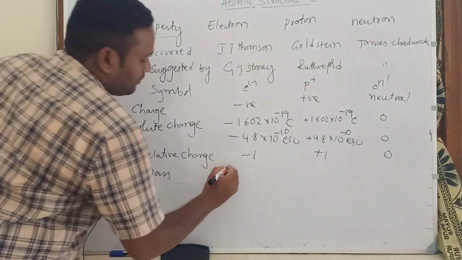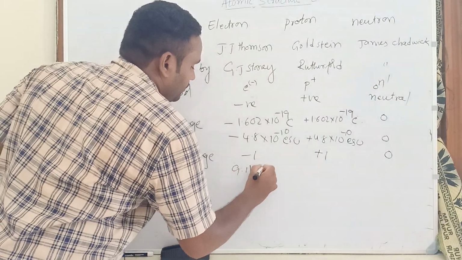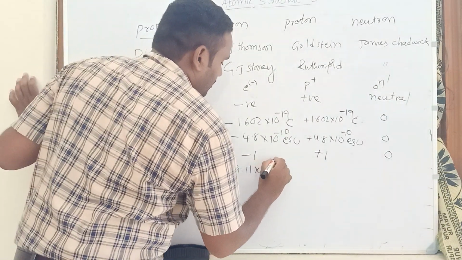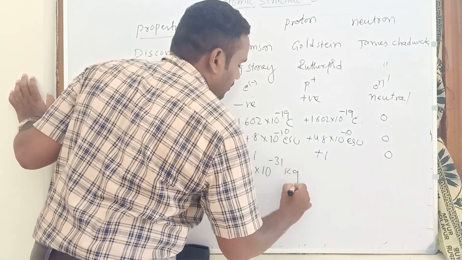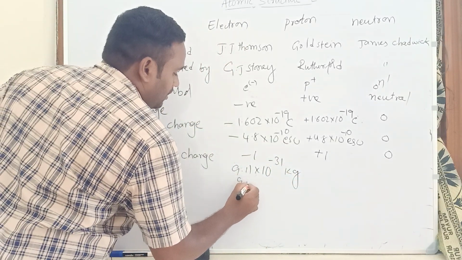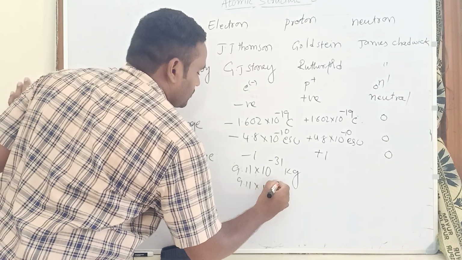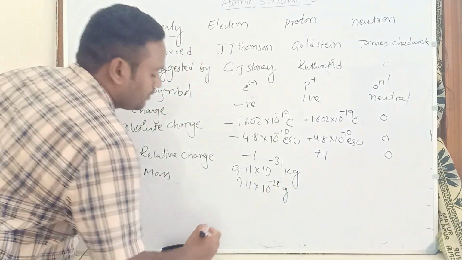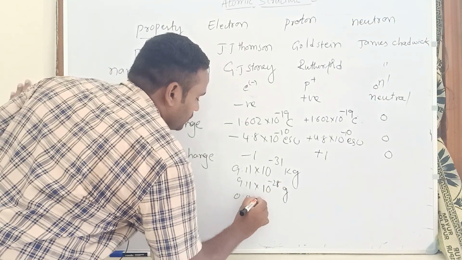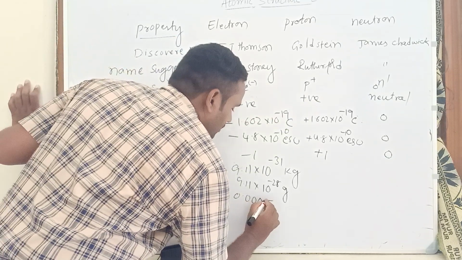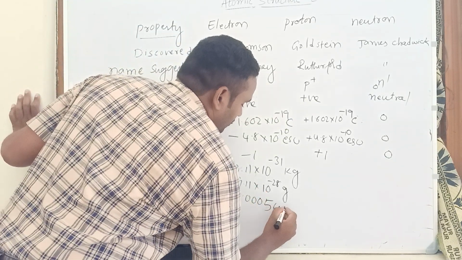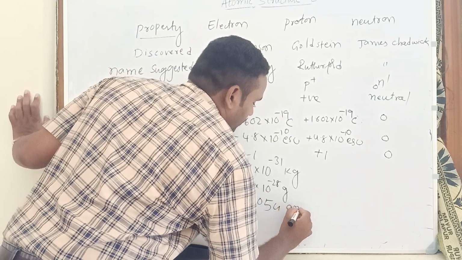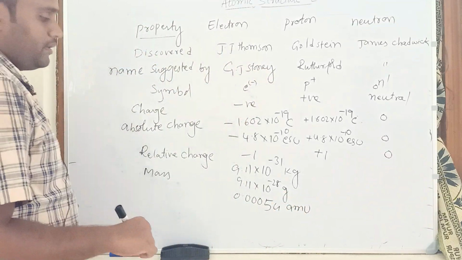The mass of the electron we already know: 9.11 × 10^-31 kilograms, or 9.11 × 10^-28 grams, or 0.0005 AMU, atomic mass unit.